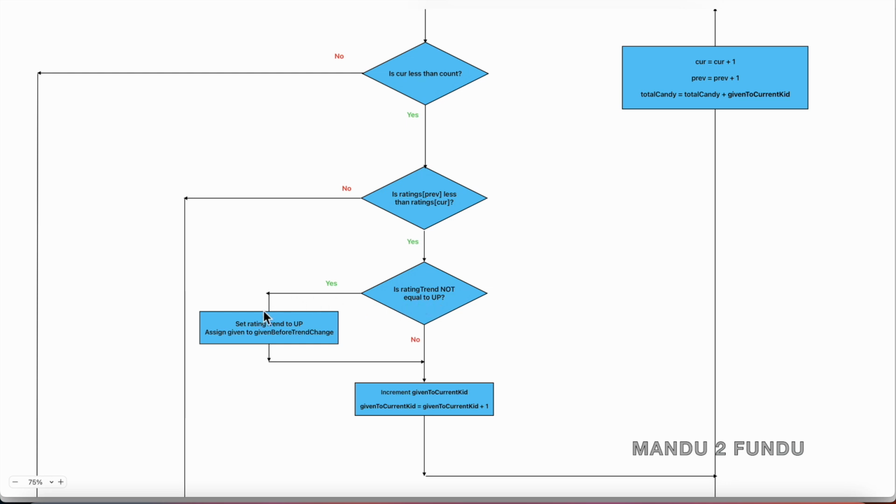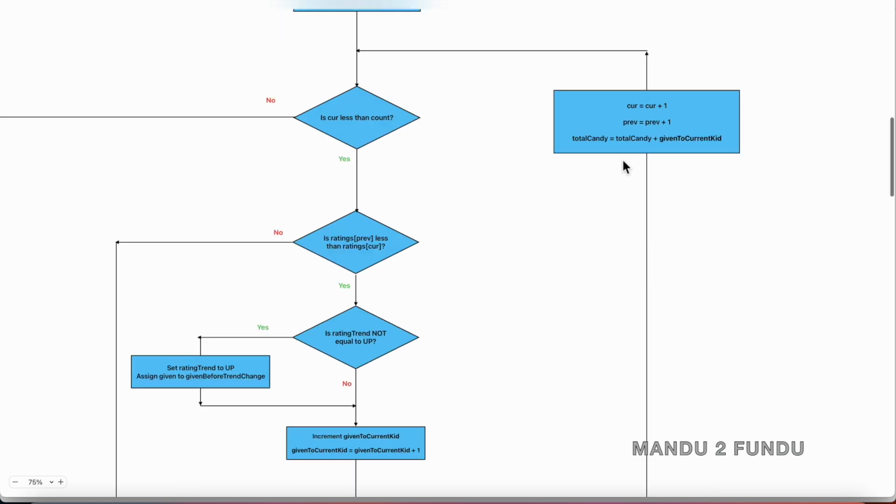If it is true, then we set that trend to up, and remember the number of candies given to the kid which was part of the previous trend. And we increment the number of candies given to the current kid, and then we add the number of candies given to the current kid to the total candies, and then increment the previous pointer and the current pointer to process the next element.